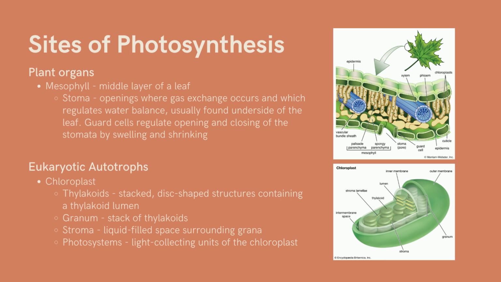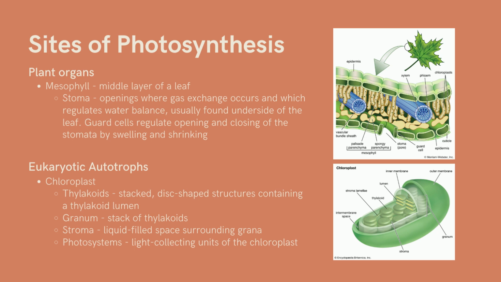So the sites of photosynthesis. Where does photosynthesis occur? In plants, it occurs in the mesophyll. Mesophyll is the middle layer of the leaf. On the mesophyll, there are stomata, which are tiny openings where gas exchange occurs and which regulate water balance.